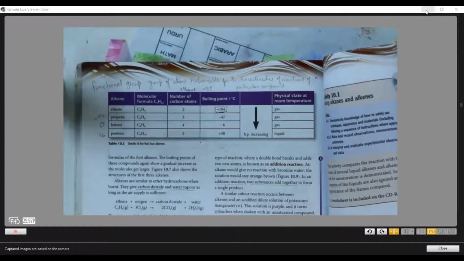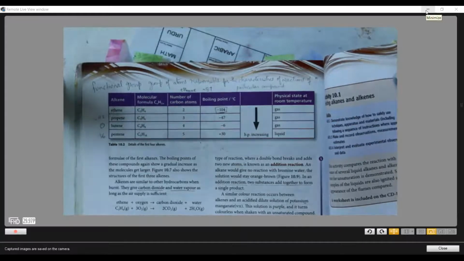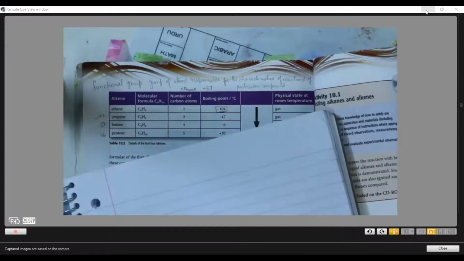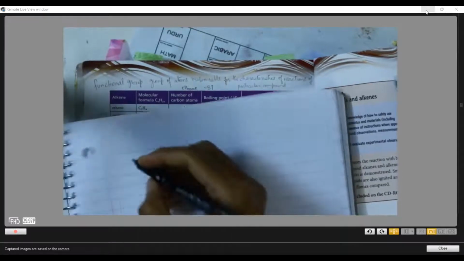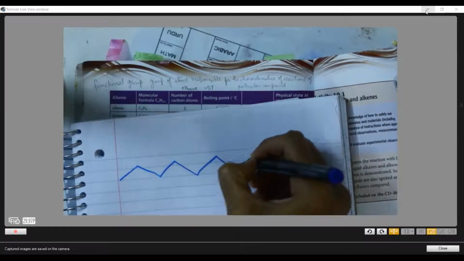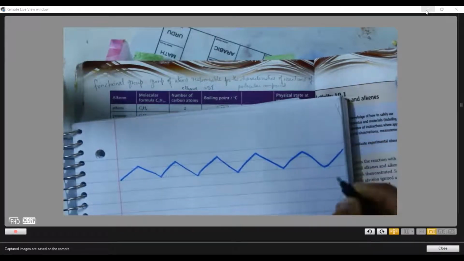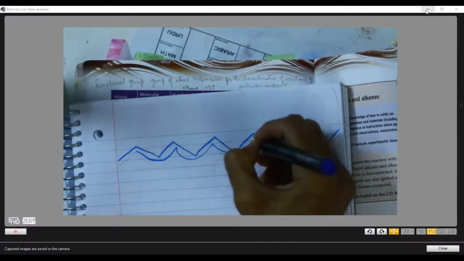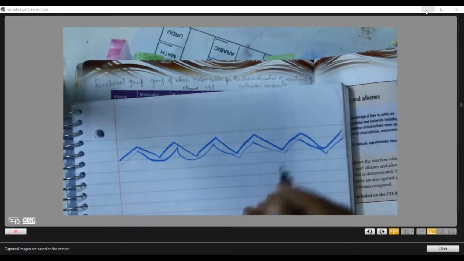I have drawn this diagram, let's share it with you. But this diagram is not too good. Let me draw another one. See, remember, when you have a straight chain in alkanes, it's straight like this, and so they can pile up on each other. We have already discussed this.